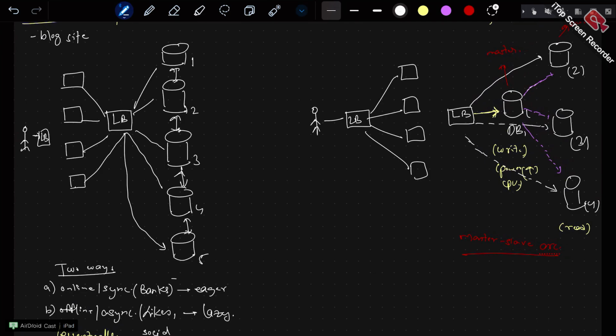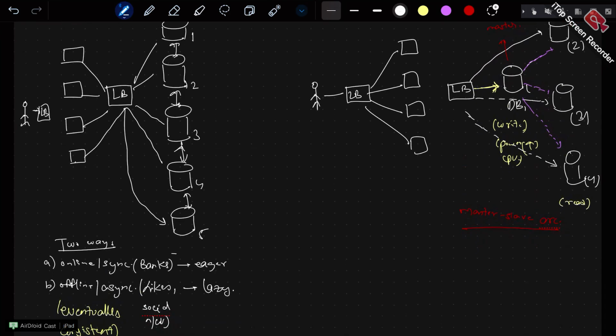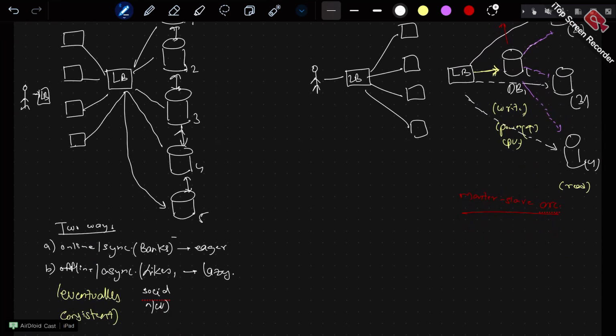That's eager initialization. You might have the same thing in Python also. I'm not sure which framework you use for databases, but you would have heard this term a lot.